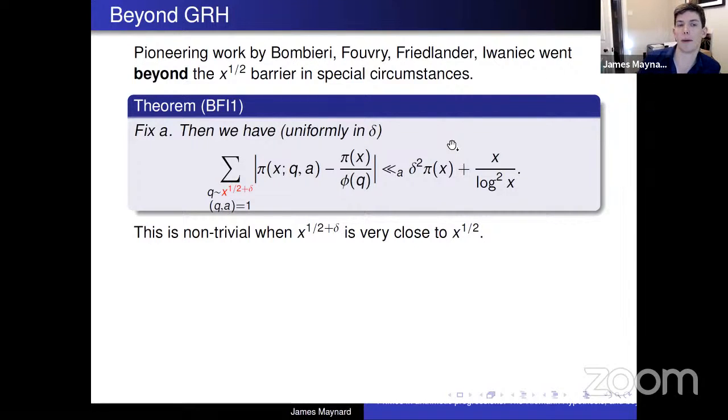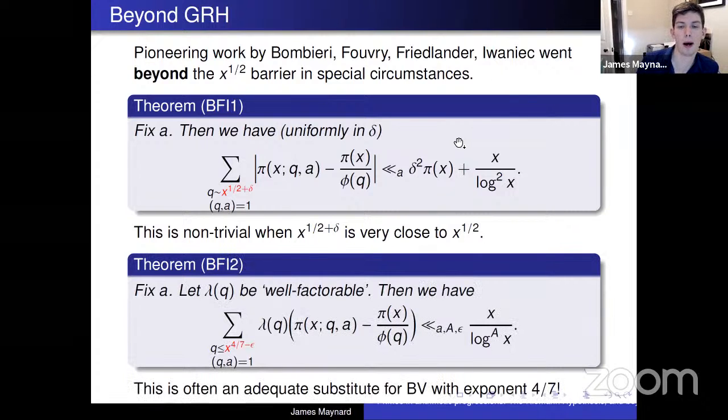And so you're allowed to take moduli which are a very small amount bigger than the square root of x, even though you lose something on the quantitative side of all the estimates. And as I mentioned before, one of the most important applications of these equidistribution results is that the Bombieri-Vinogradov theorem is as good as the Riemann hypothesis from the point of view of sieve methods.